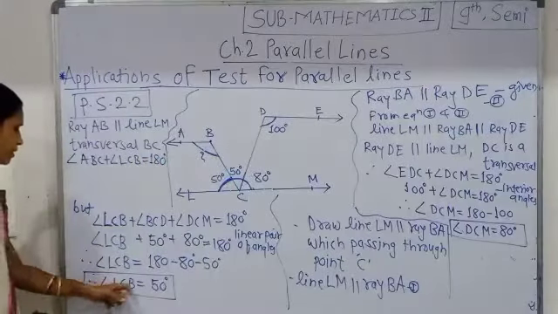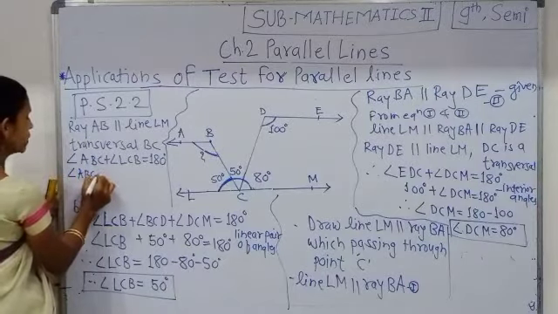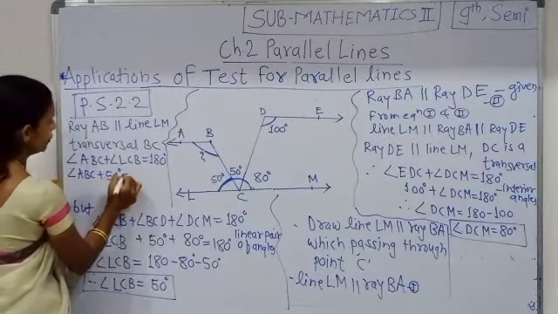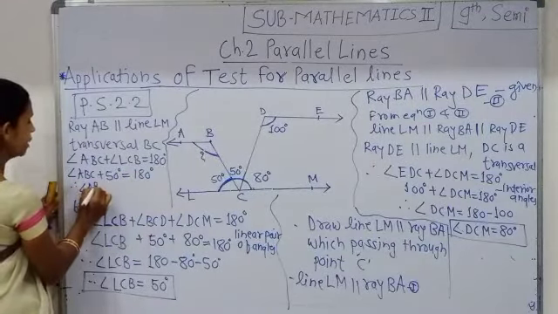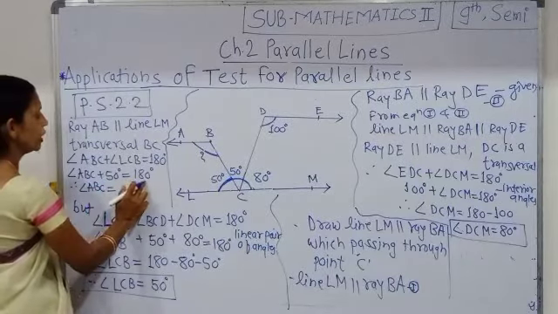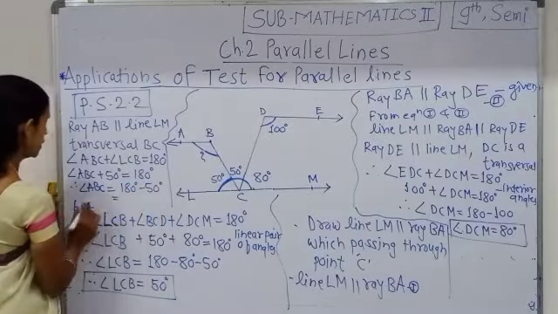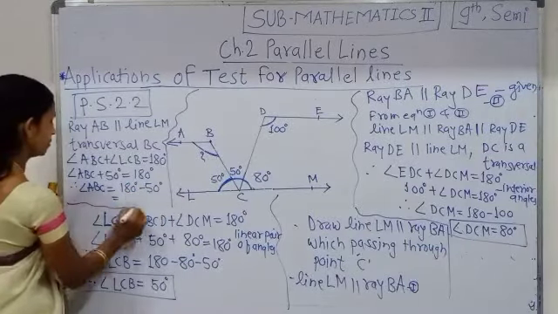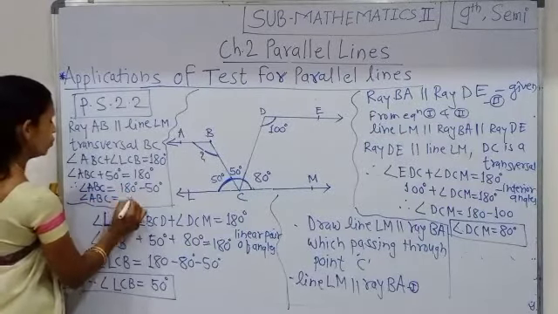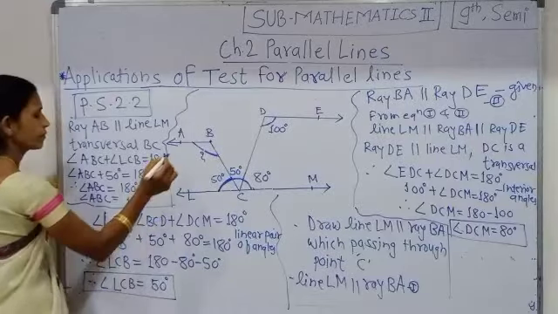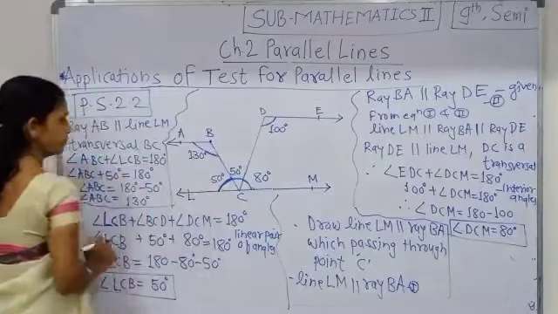But here angle LCB is 50 degrees. Therefore angle ABC plus 50 degrees is equal to 180 degrees. Therefore here angle ABC is equal to 180 degrees minus 50 degrees. That is, angle ABC is equal to 130 degrees. That is, this angle is 130 degrees.